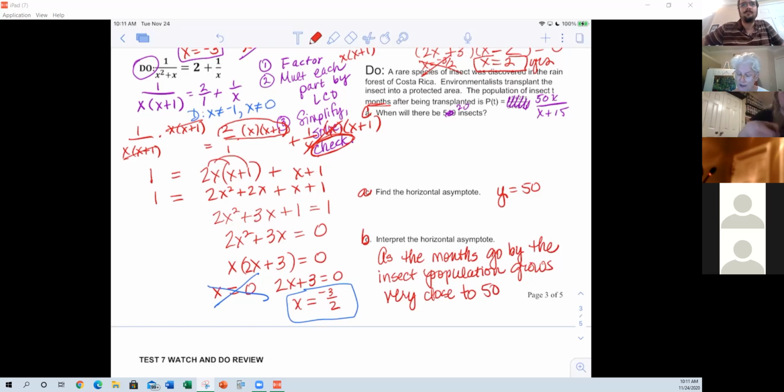So when will there be 20 insects, and how would I figure that out? There's two things that can happen, and which one would make sense? I can either plug 20 in for X, or I can set the equation equal to 20. Which one would make sense in this scenario?